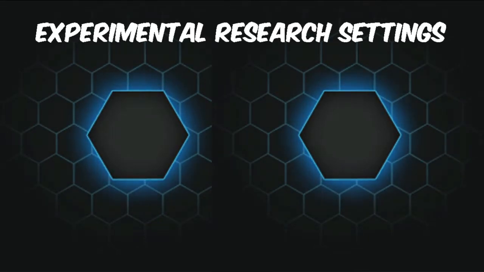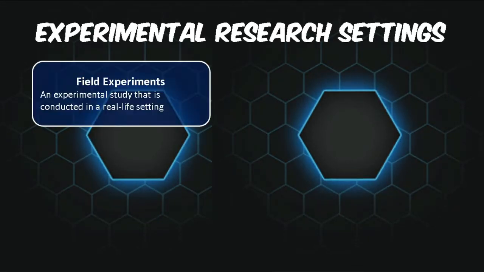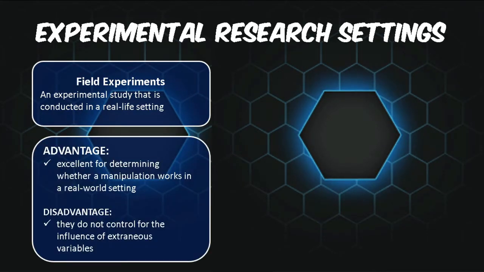Where can we conduct experiments? We could conduct them in the field, meaning in a real life setting. The advantage of conducting your experiment in the field is that whatever results you gather from your research is probably reliable because you actually gathered that from the real thing.